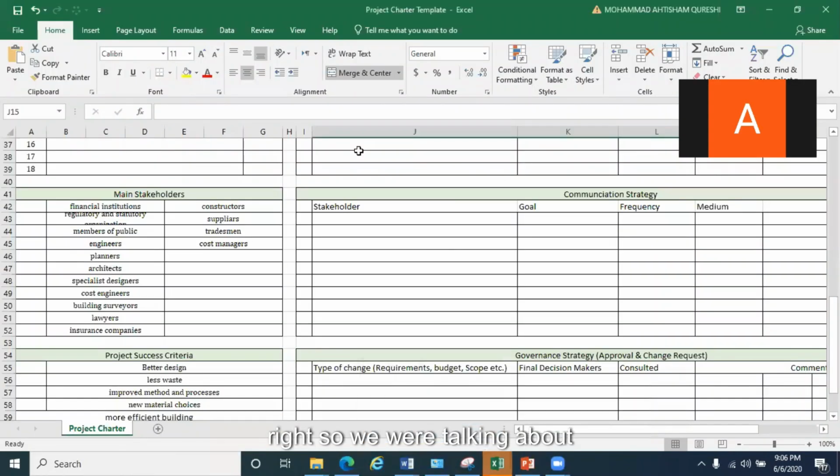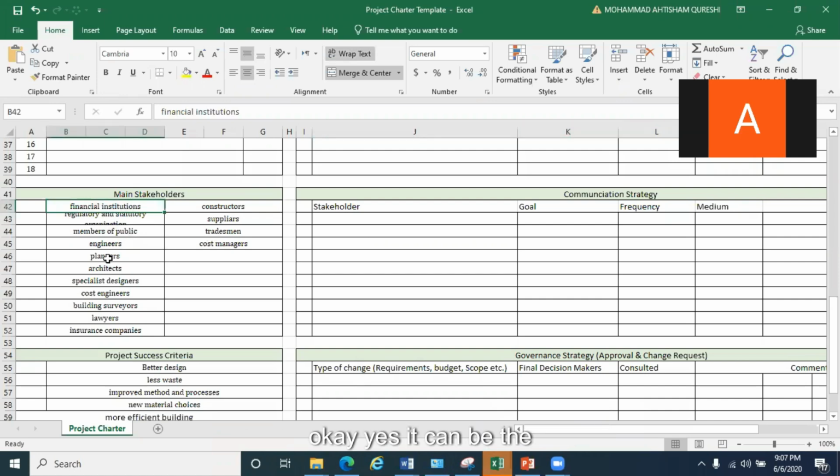So prior to that, we were talking about who are the stakeholders. Let's say if we are constructing a bridge or constructing a building, so who are our stakeholders? Our stakeholders will be the financial institution, the bank that is funding the building, right?